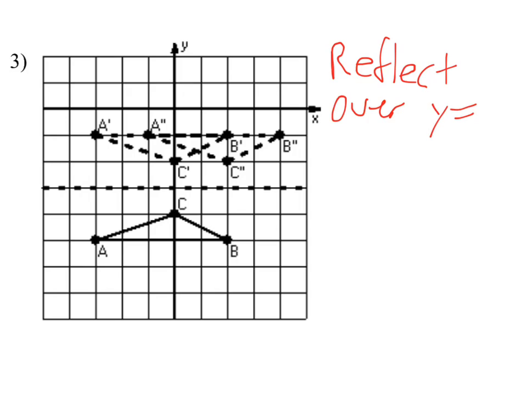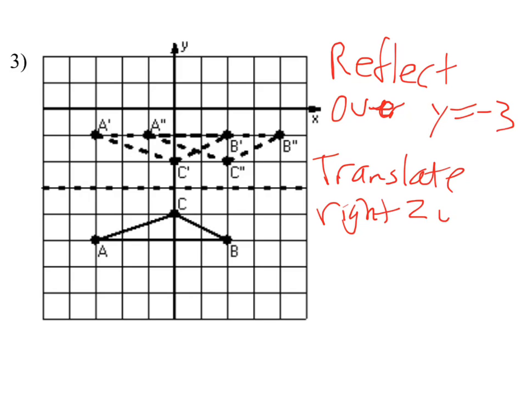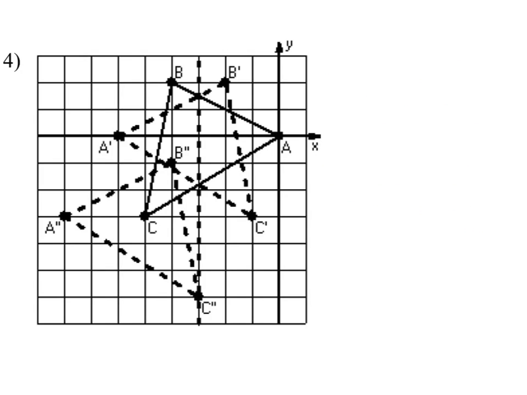Man, I can't fix my own handwriting. It's down 1, 2, 3. So that's the line. Y equals -3. And then they just have this shape to the right 2 units, it looks like. So this one is also followed by a translate right 2 units.